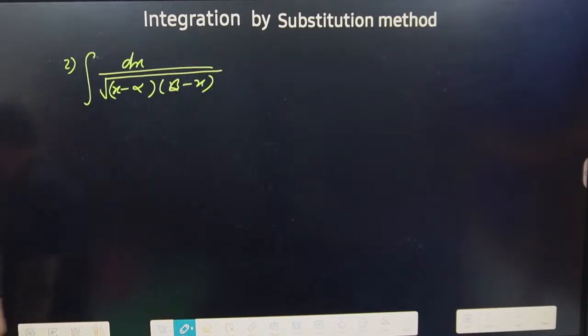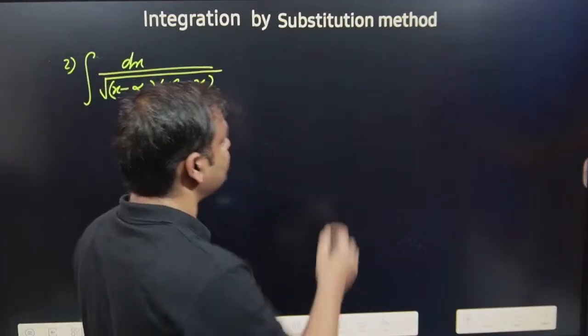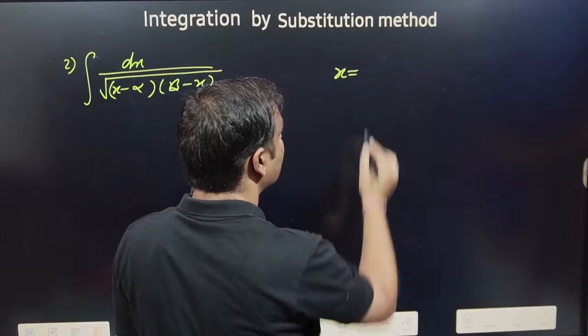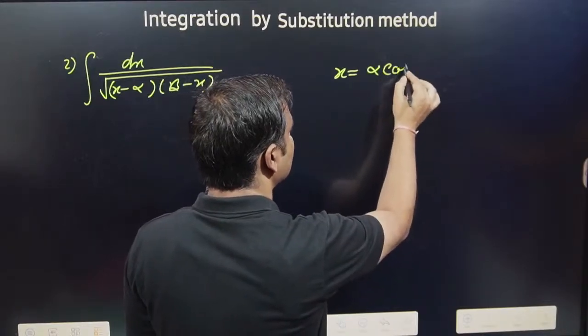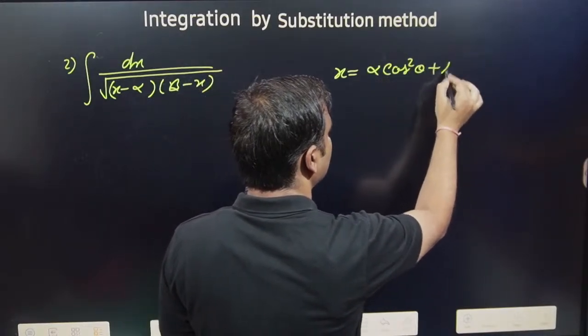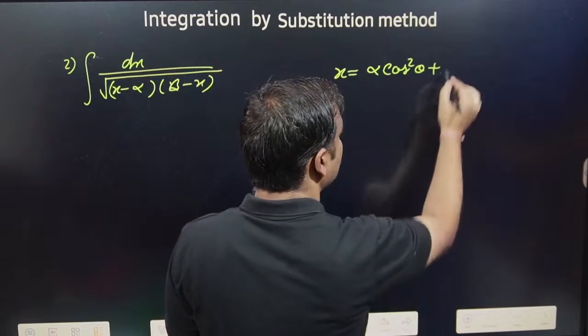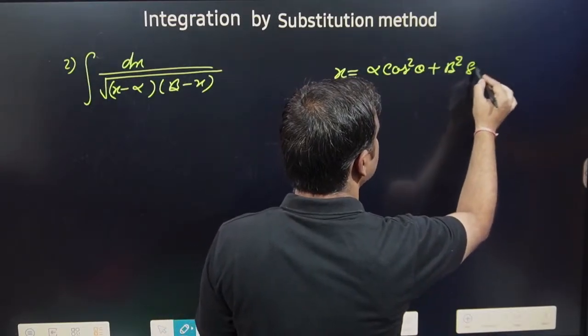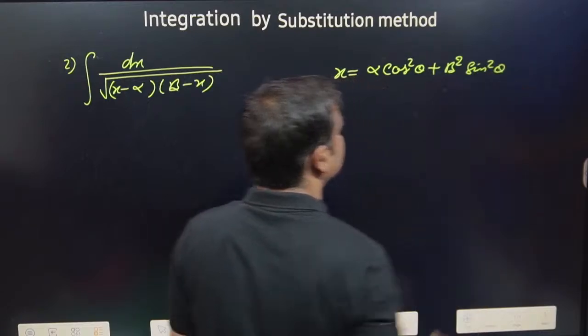How can we solve? Simply, x equal to alpha cos square theta plus beta into sin square theta.